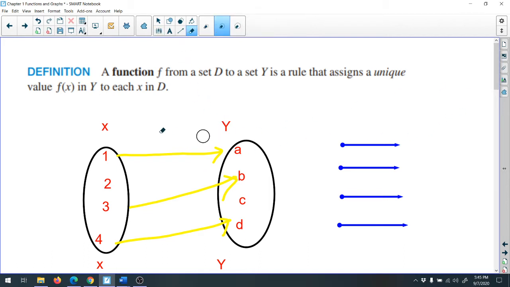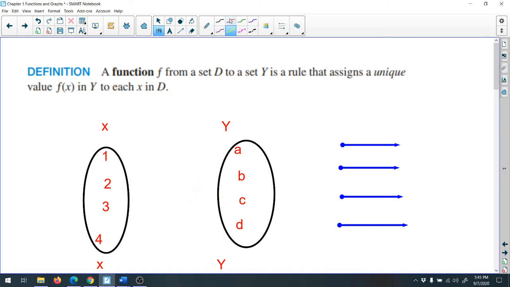Sometimes they give you a figure like that. They tell you, okay, we have 1 with B, 2 with B, 3 with B, 4 with B. Is it a function? Some of you are confused: oh, B received many arrows in the relationship.